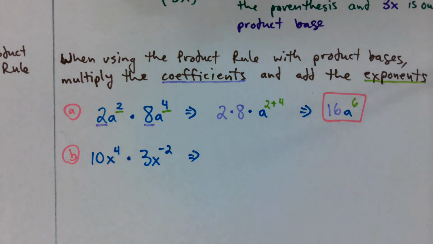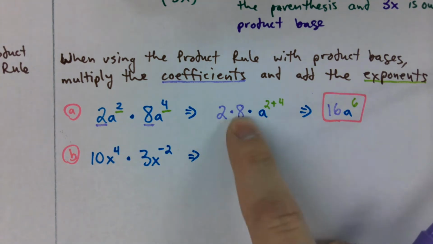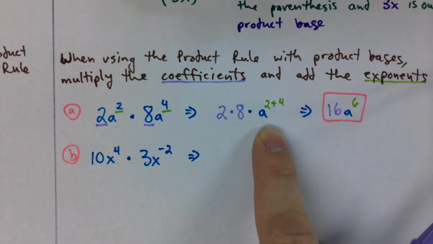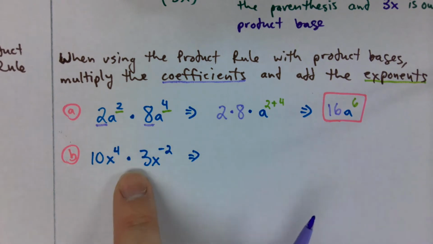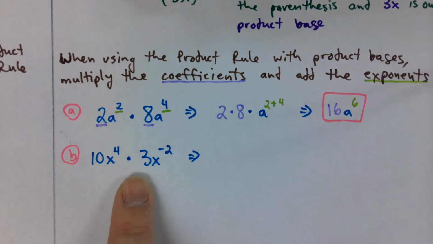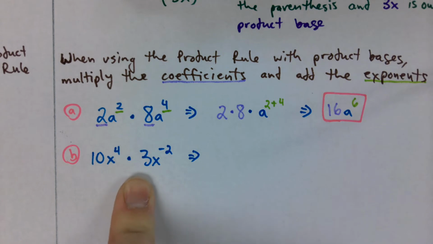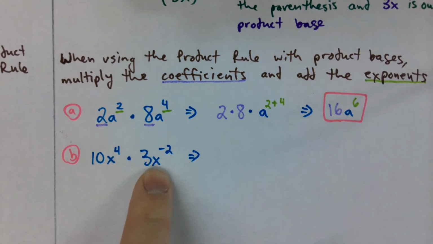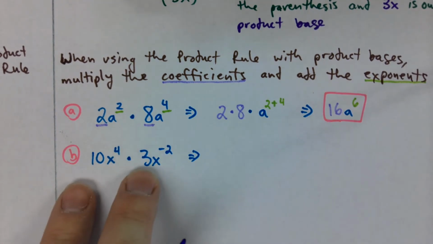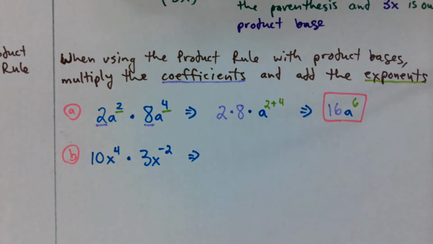If this step is confusing to you, I might recommend just solving this like the normal product rule, looking at your variable, and then multiplying the two numbers at the end and sticking it in front.